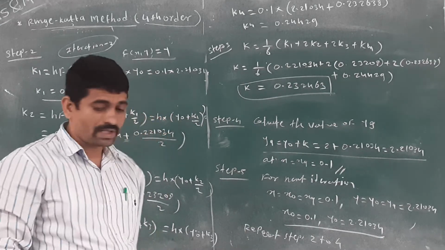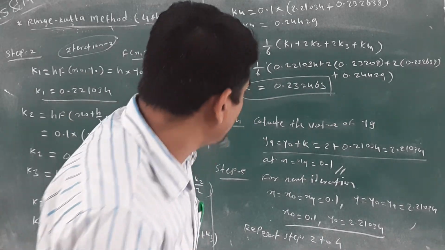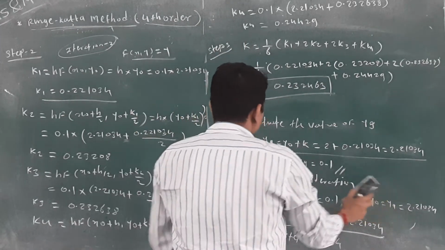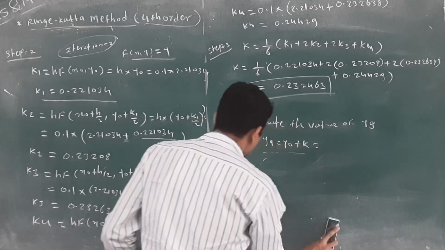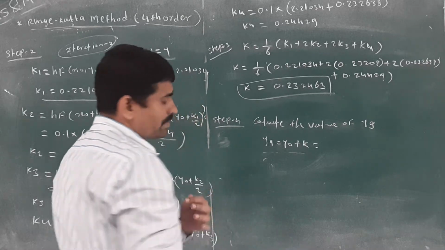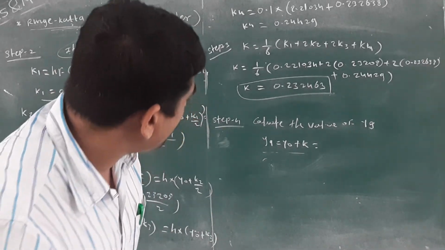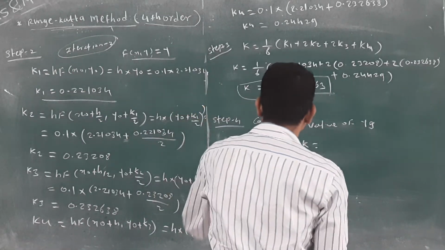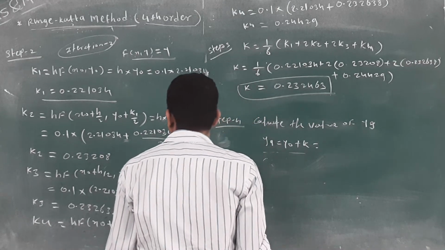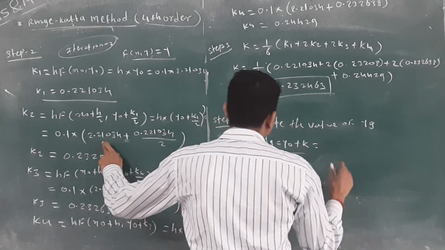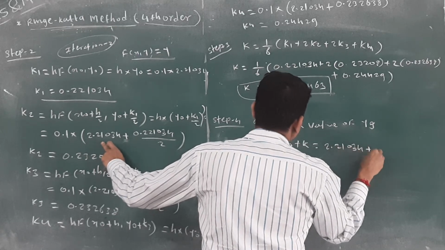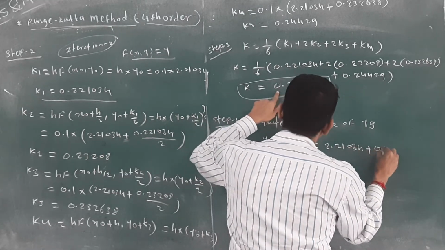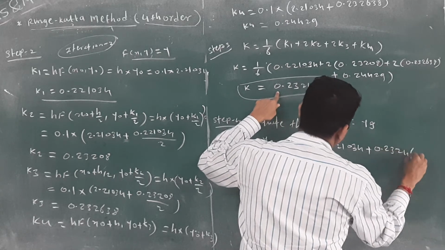Once you have calculated the weighted mean, you know how to calculate the value of yg. What is step number 4? Calculate the value of yg. yg is equal to y0 plus k. What is the value of y0 again? 2.21034 plus the value of k, 0.232463.